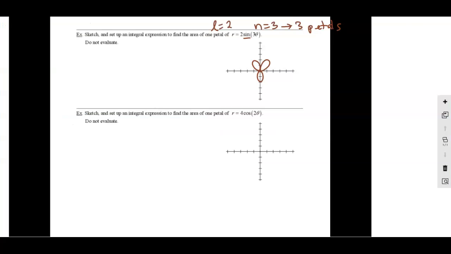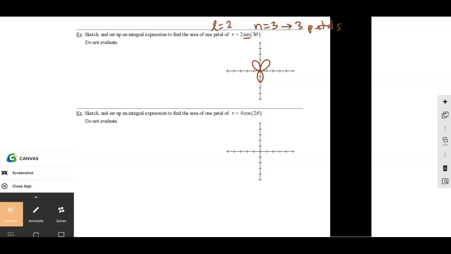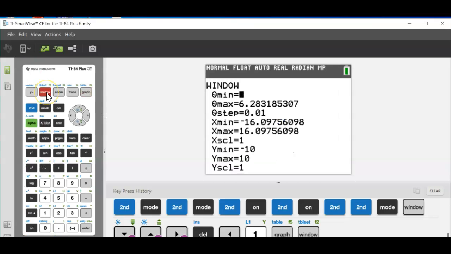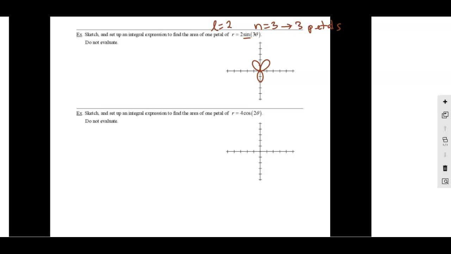Here, if we look, I want to go back to that. Here my theta min was 0, my theta max was 2 pi, right? And so over that interval from 0 to 2 pi, catch the order, this is what it looked like. It started here, then it did this, then it did that, and then not only did it complete the whole graph, it actually went around twice.